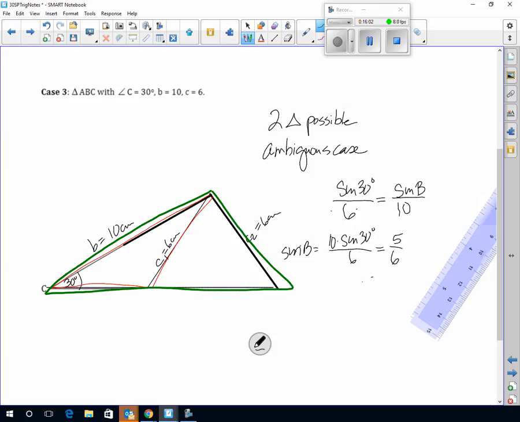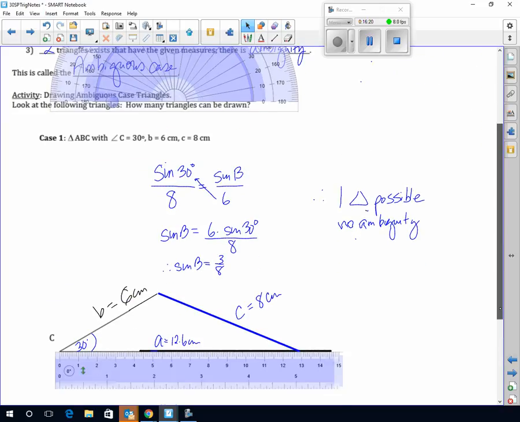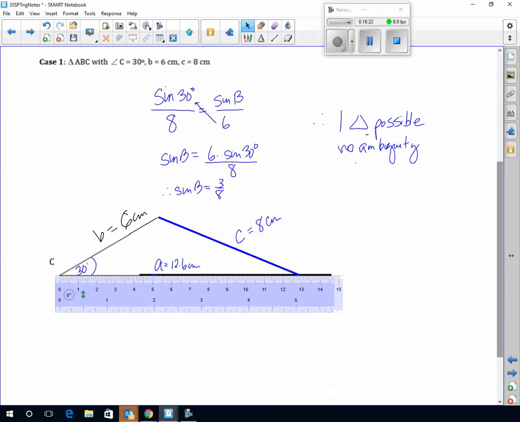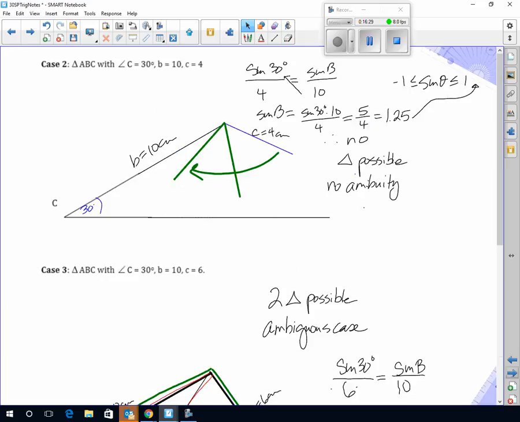So the big question then is how do you know when you get, what was the first example? 1 triangle, right? My sine b was 3 over 8. And I got 1 triangle. I know when I get no triangle because that's when sine theta is over 1, right?